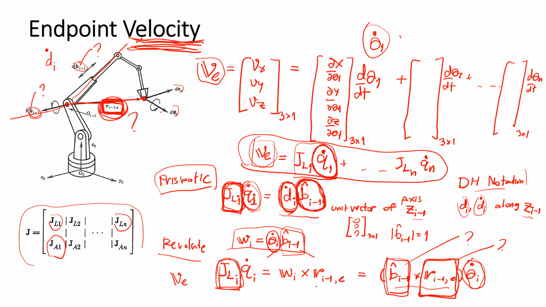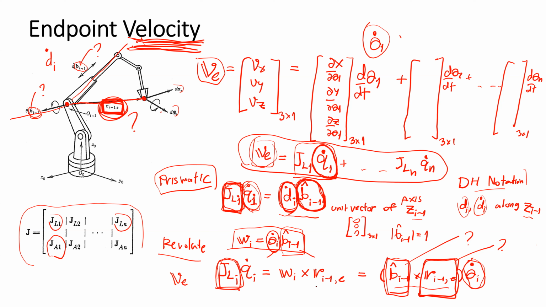This is for the endpoint velocity. But the endpoint angular velocity is not that complicated. For a prismatic joint, it's just 0 here.